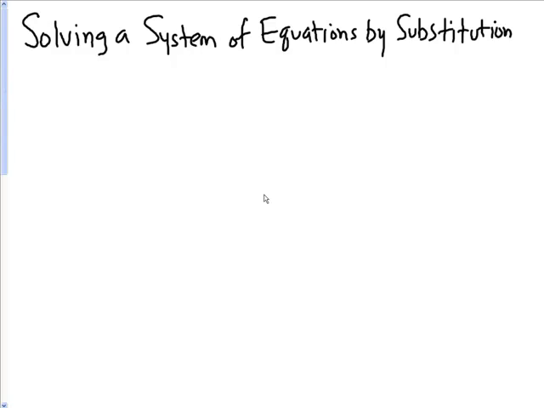In other words, we are going to take the expression for one variable and substitute it into the other equation. So here's an example. y equals 3x and x plus 2y equals negative 21 constitute a system of equations.